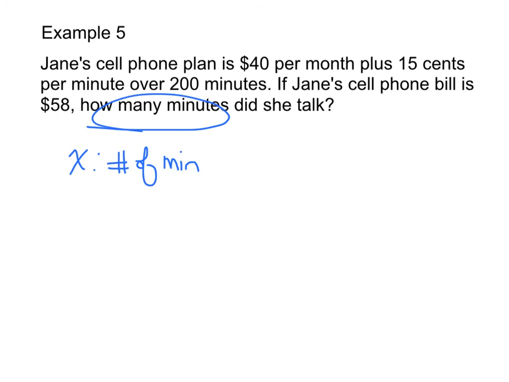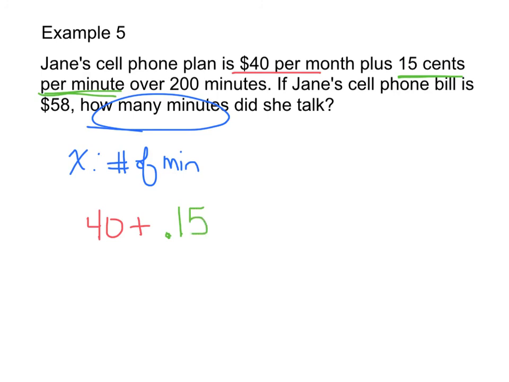So let's see what Jane has to do. So Jane's cell phone plan is $40 per month. Every month it's $40. So we know she pays $40 per month. Plus she pays 15 cents per minute. Well, 15 cents, there's per minute. So that would be 15 cents per minute.